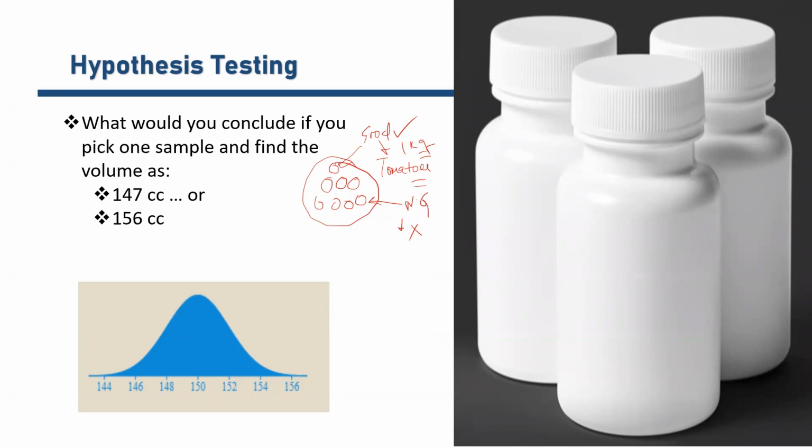And that is what I'm trying to say, that under normal circumstances, the distribution of the machines will be such that you will either find 148 or 146 or 144.